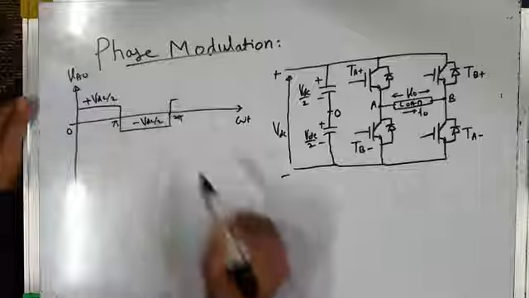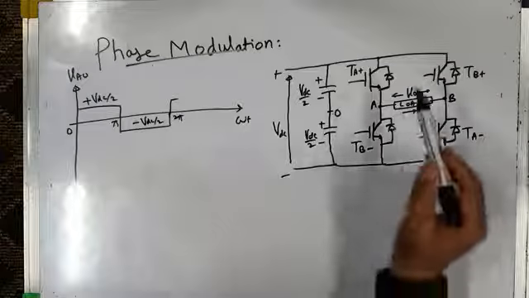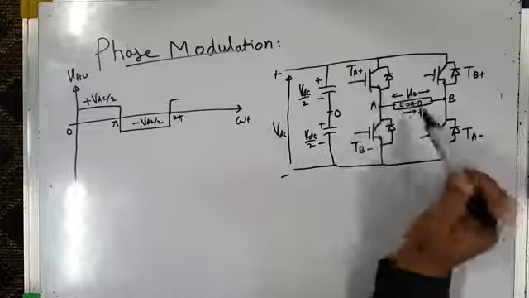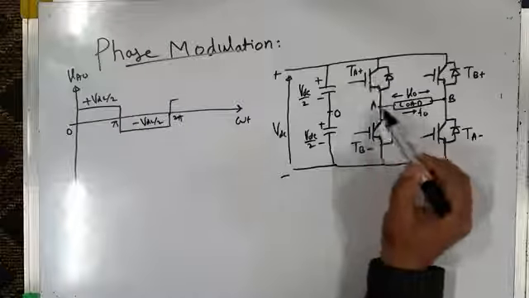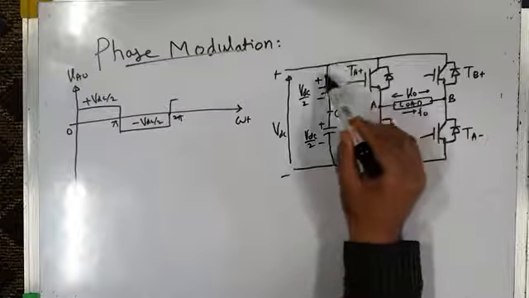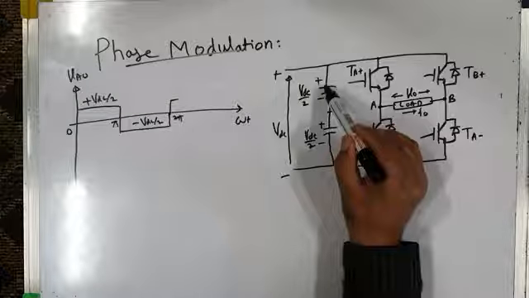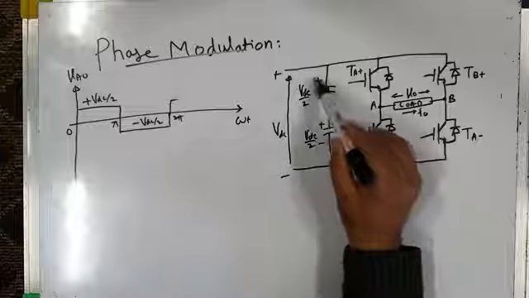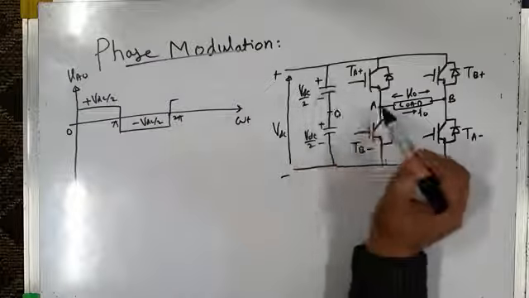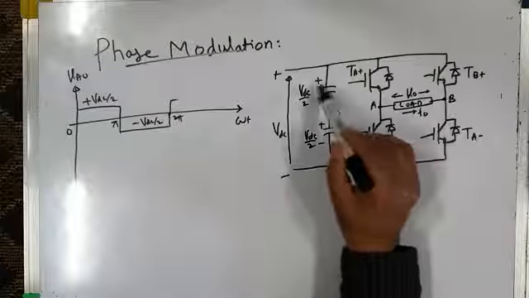VDC by 2. And that means from 0 to pi, this switch is turned on. When this switch is turned on, the pole A gets connected to the positive terminal of this DC bus capacitor, and the voltage between pole A and O is this.